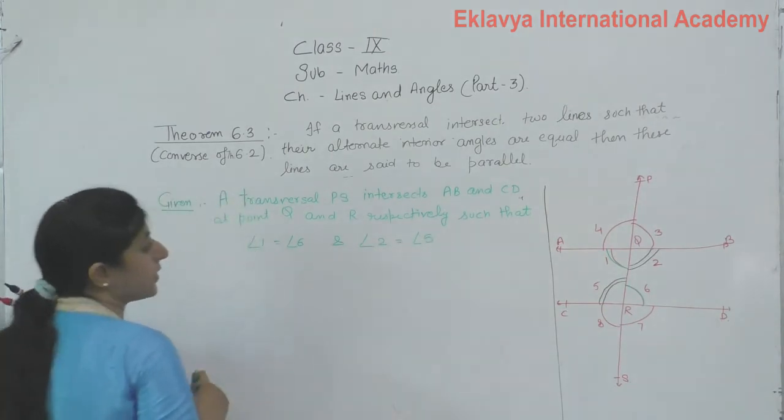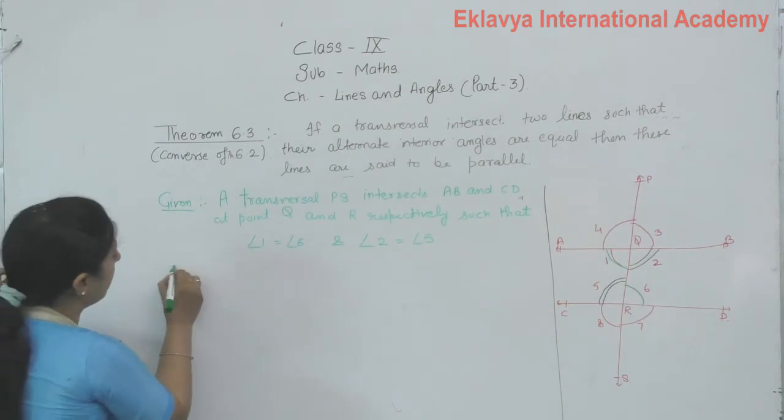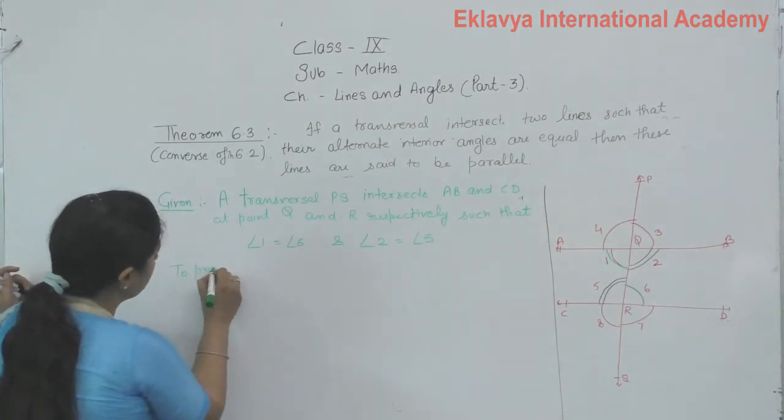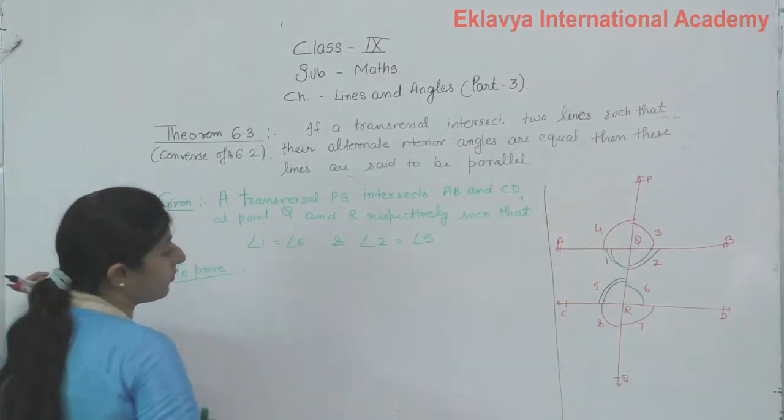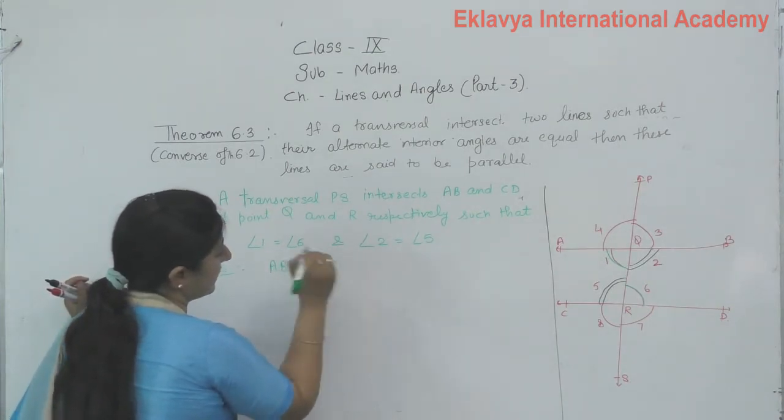It is given to you. To prove, what we have to prove here? That AB is parallel to CD.